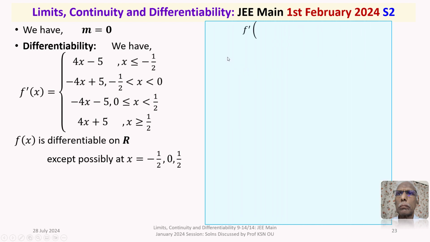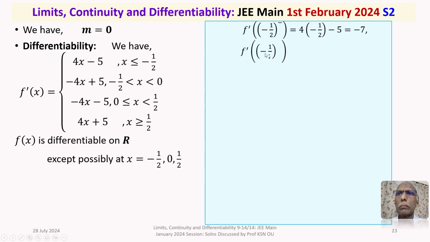That we have done here. So the left hand derivative at minus 1 by 2 is 4x minus 5 when x is minus 1 by 2. So that is minus 7.